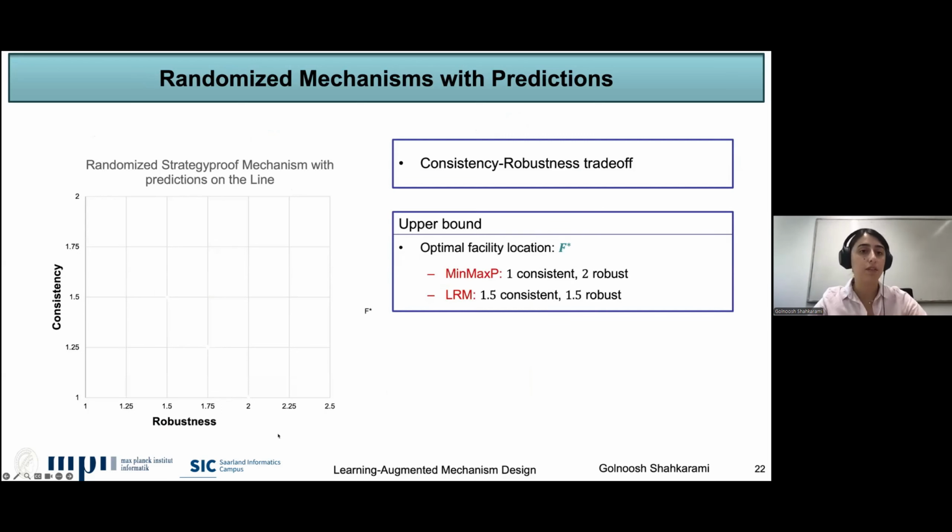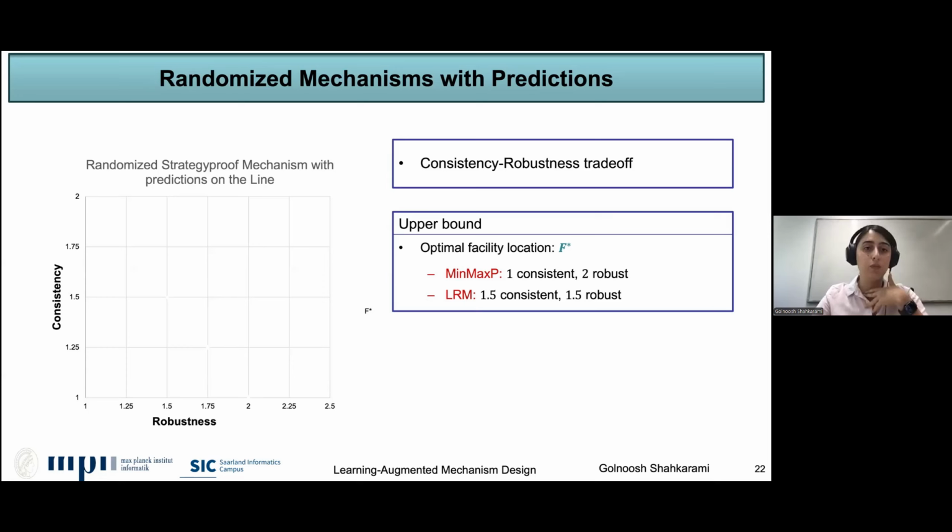Using the previous mechanism, MinMaxP, we can get 1 consistency, 2 robustness, and LRM, which is the algorithm without prediction with 1.5 approximation, gives 1.5 consistency, 1.5 robustness.